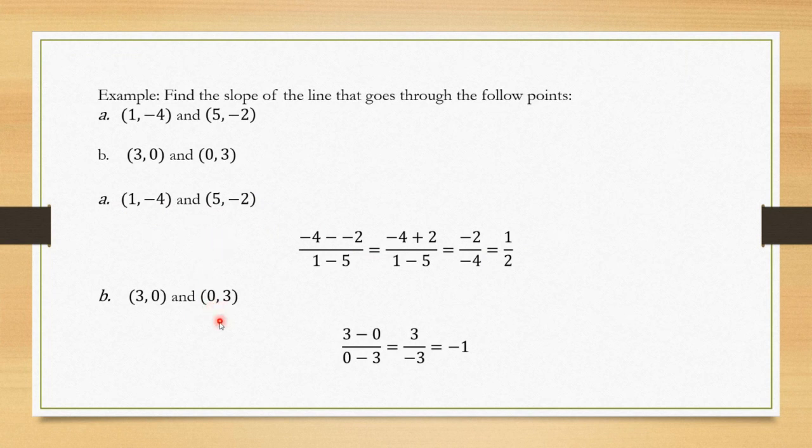Here, though, if you went from this point to this point, it really doesn't matter which ones, notice that our x coordinate is getting smaller. It's dropping from 3 to 0. The y coordinates are going in the opposite direction, in that they're increasing.